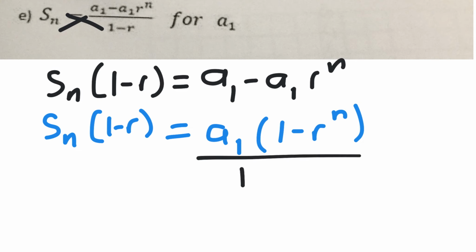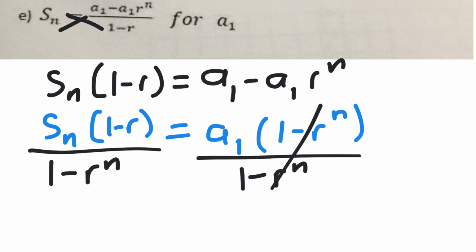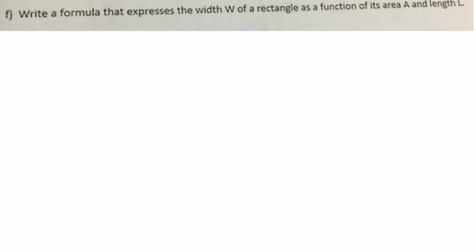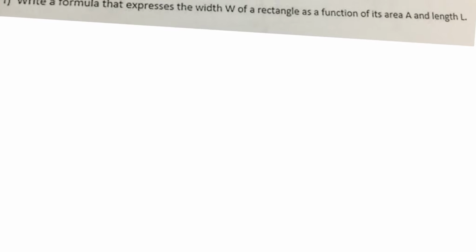Now divide both sides by 1 minus r to the n. And I'm finished. a sub 1 equals s sub n times 1 minus r over 1 minus r to the n. We want to write a formula that expresses the width of a rectangle as a function of its area and its length.